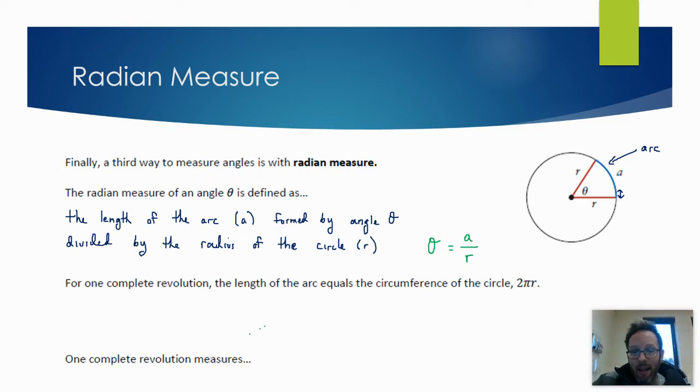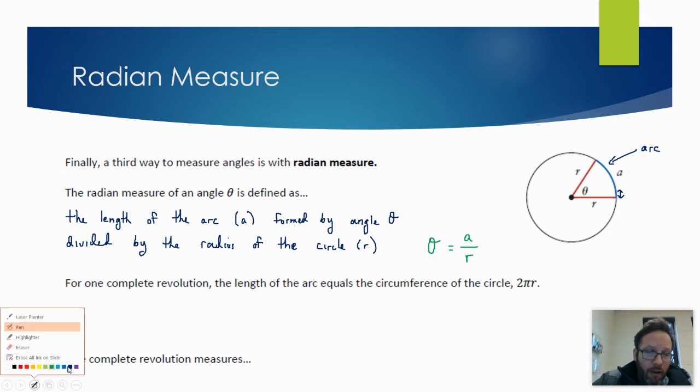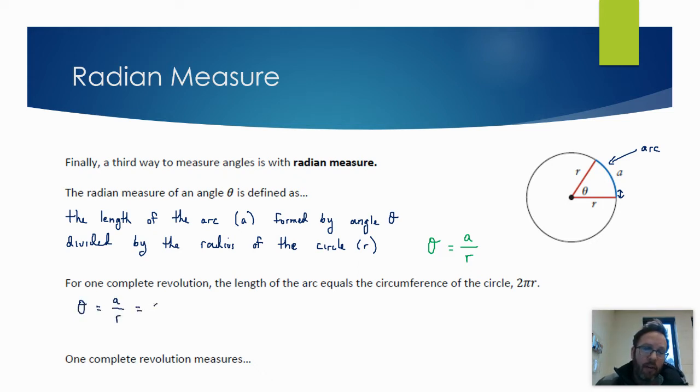In a case like this, for a whole revolution of the circle, that arc length is actually just the circumference of the circle itself. So for one complete revolution, the angle theta is the arc length divided by the radius, which in this case is the circumference, 2 pi r, divided by the radius, which gives you 2 pi.